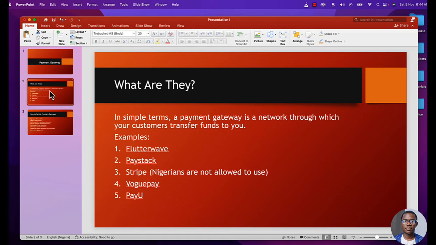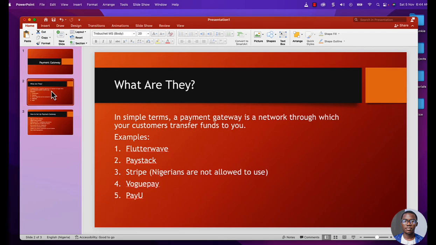This is specifically for the United States and some other countries. Nigerians are not allowed to use Stripe, okay? And then we also have VoguePay, we have PayU, and then we have several other payment gateways.